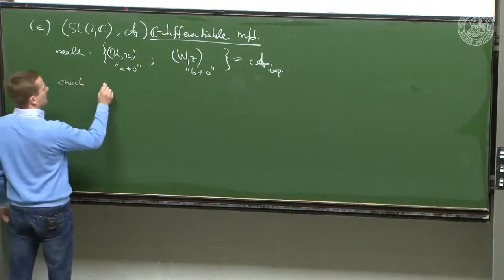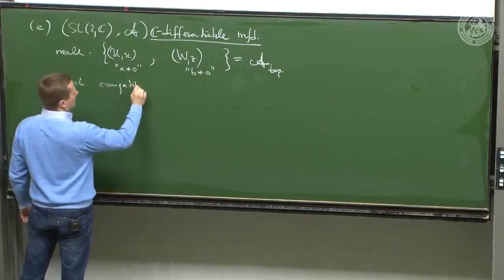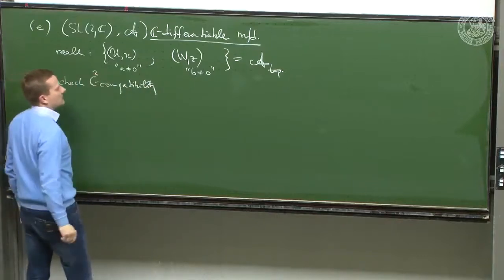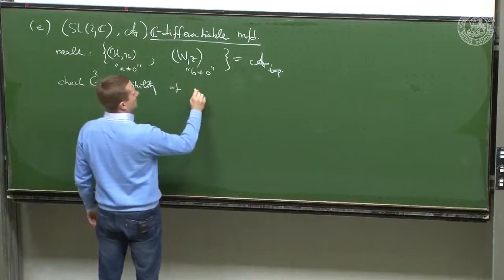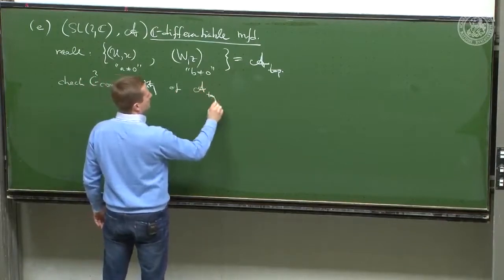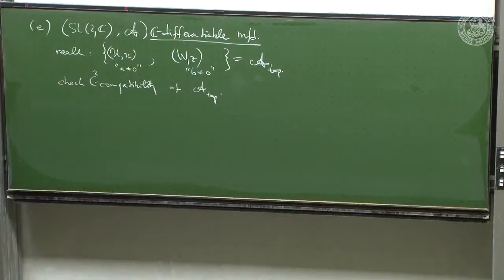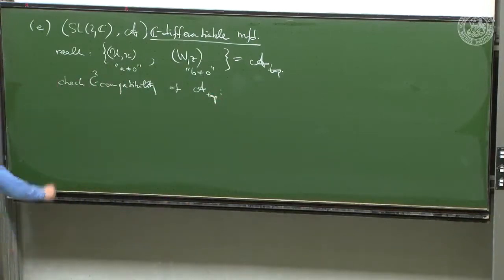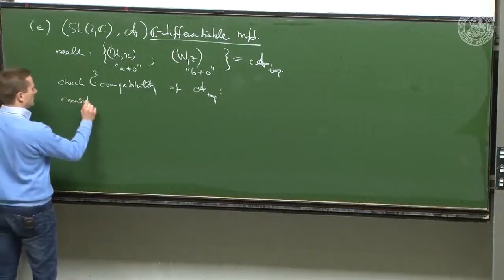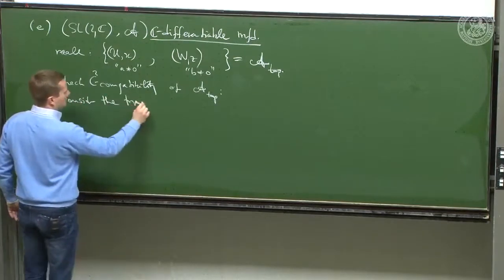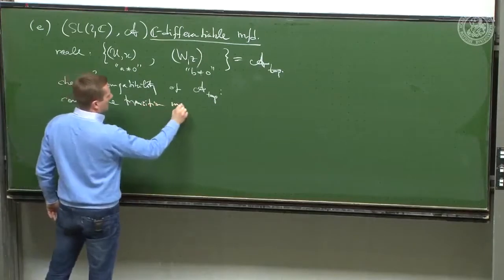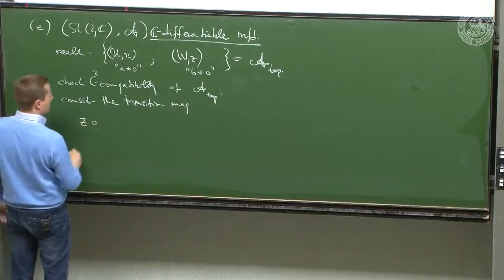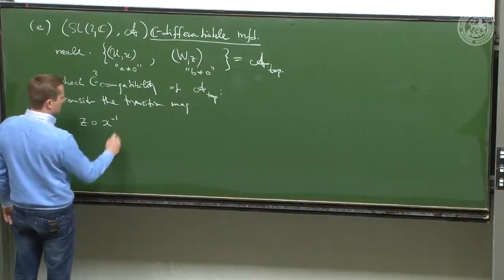So check C-question-mark compatibility of the charts in the topological atlas. They're certainly C0, but are there more? So we consider the transition map Z after X inverse.